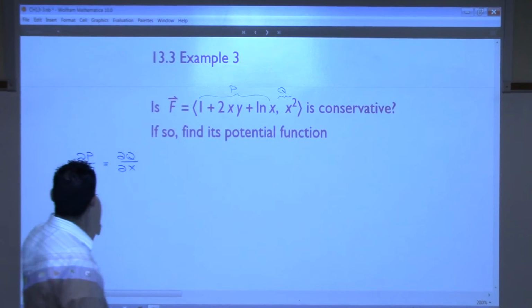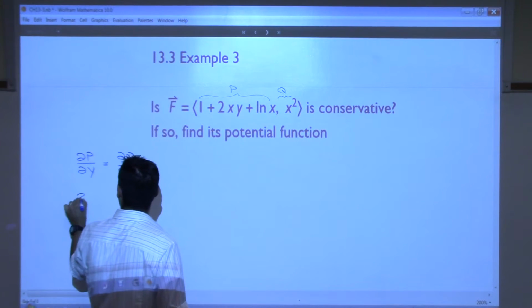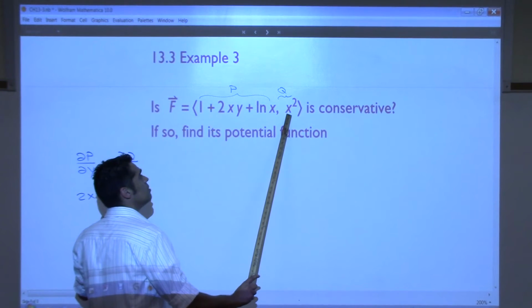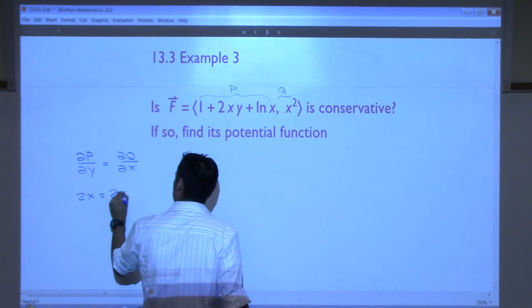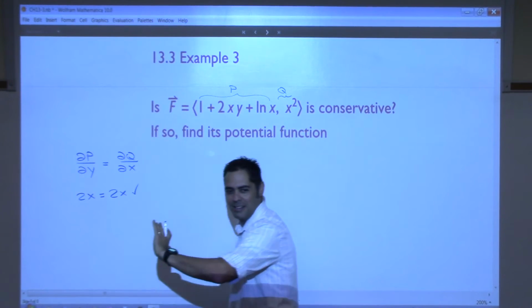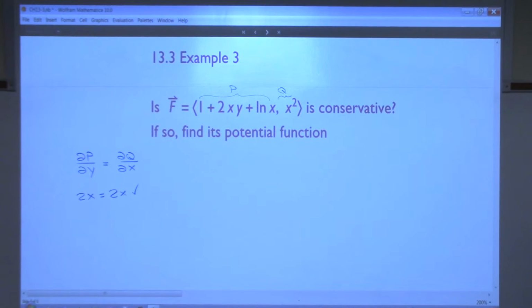And the other one, partial of Q with respect to X, 2X. It is a conservative vector field, right? So it has a potential function, and we need to be able to find it. So let's find it.